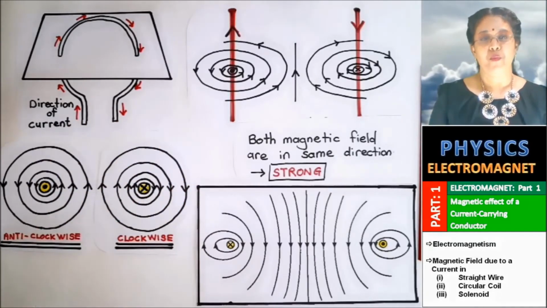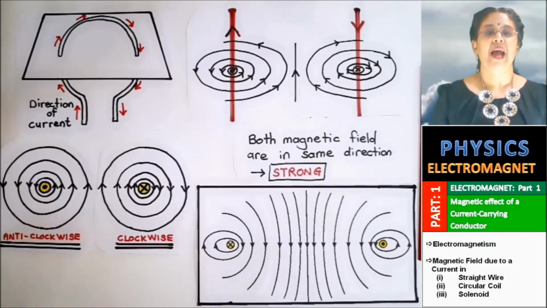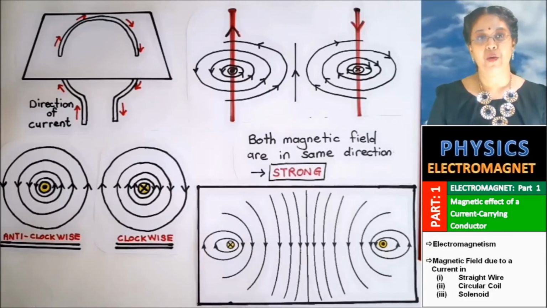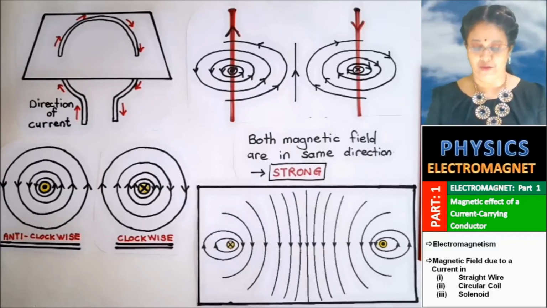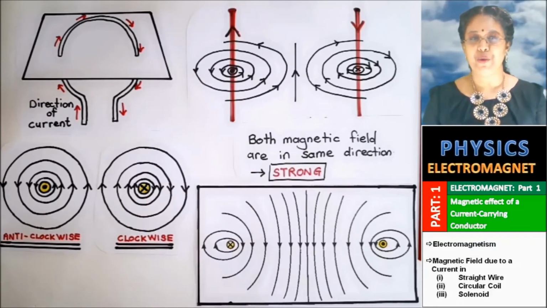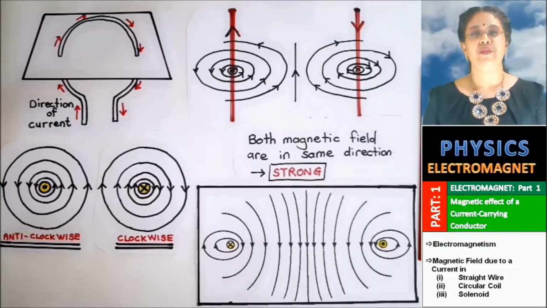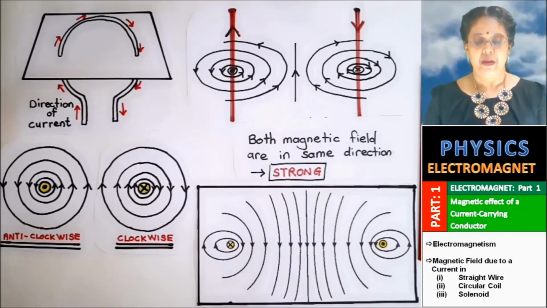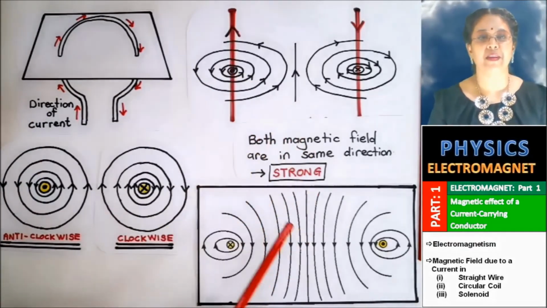One is where the wire comes out of the paper, which is illustrated as a dot here, and another is where the wire goes into the paper, which is illustrated as cross here. Now I'm going to show you what happens to these magnetic field lines in between these two wires. It is illustrated in these two diagrams.